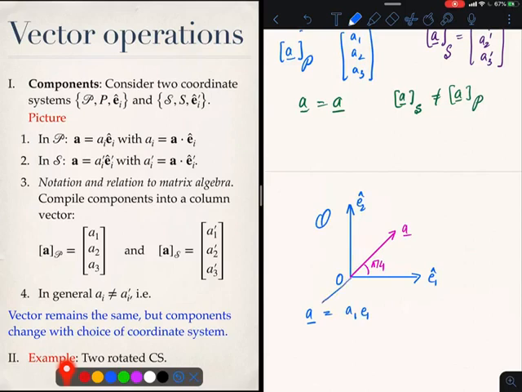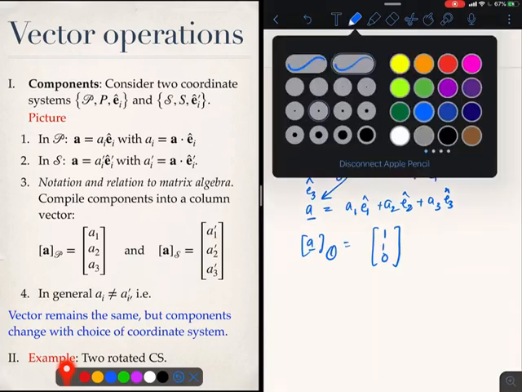Oh, I forgot to put an E3 here, plus A2 E2 plus A3 E3, and you can compute that A in O will be, and let me give it a length. Let's say the length is root 2, is 110.